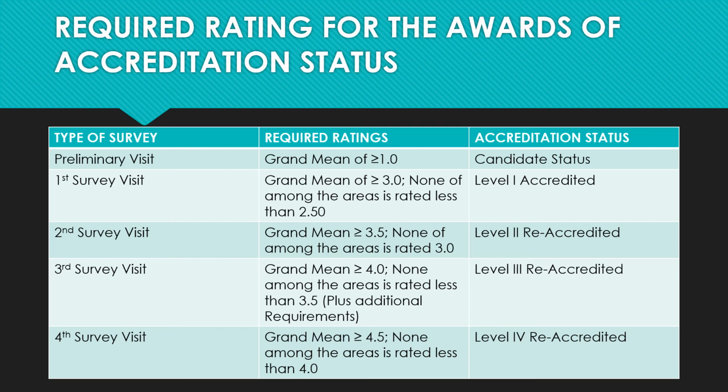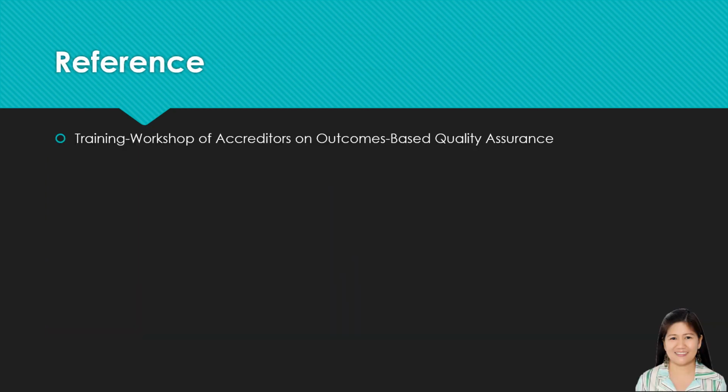At yung fourth visit natin is the grand mean of greater than or equal to 4.5 and none among the areas is rated less than 4.0 para po ma-level 4 re-accredited ang status natin. Ayan. So, pwede na tayong mag-accreditation at pumasa sa accreditation.